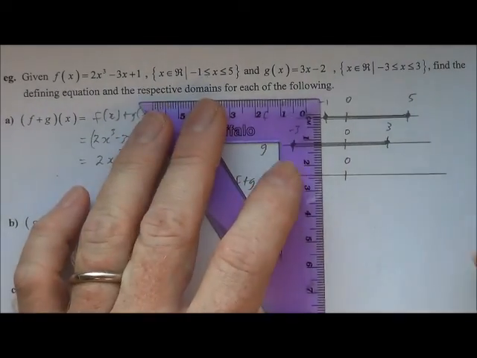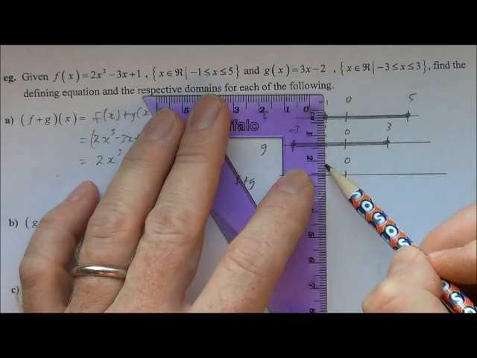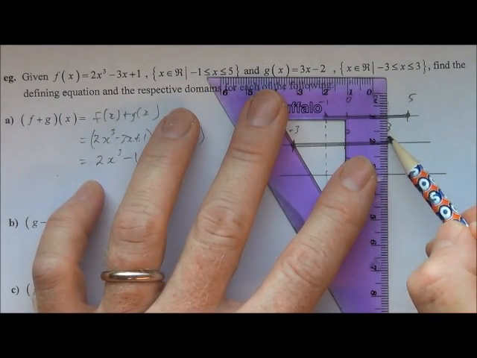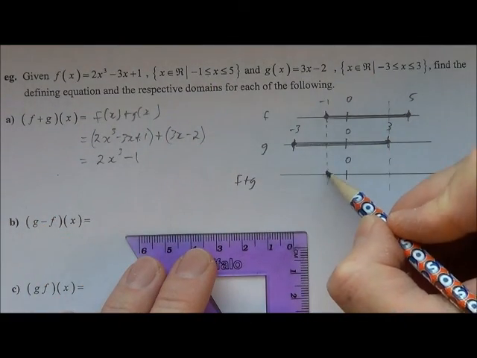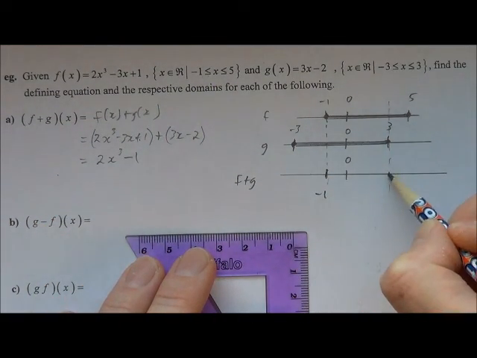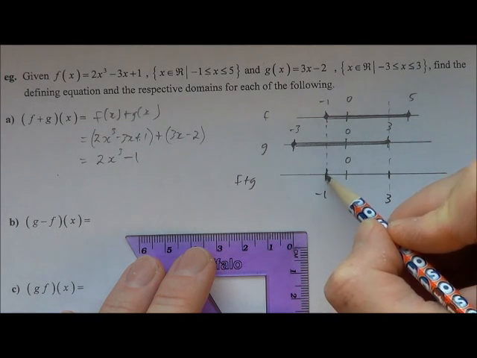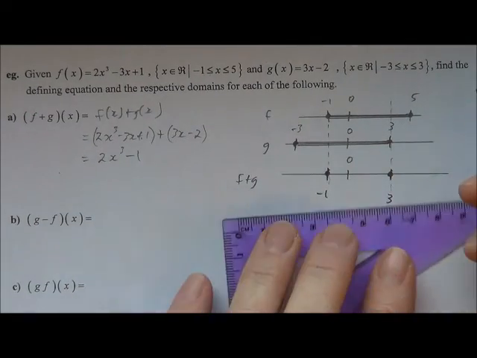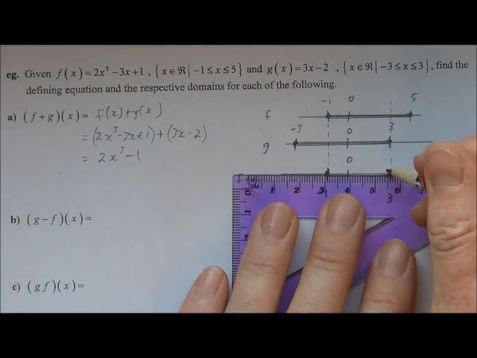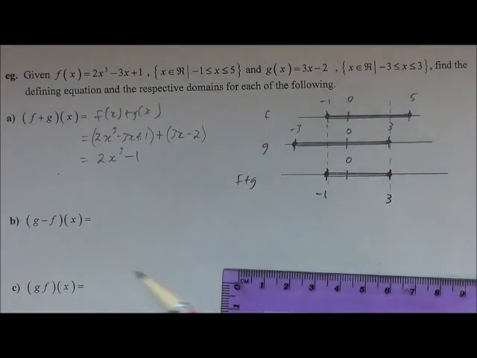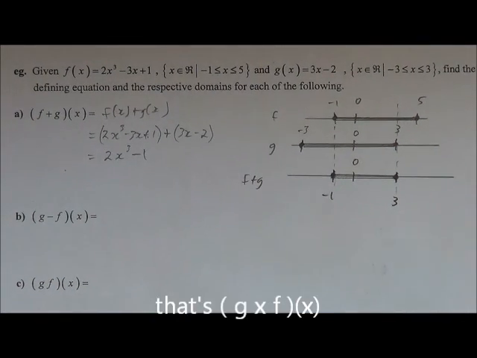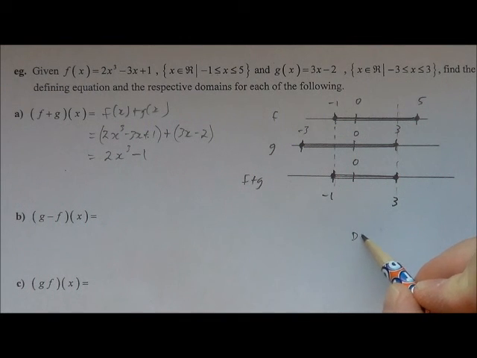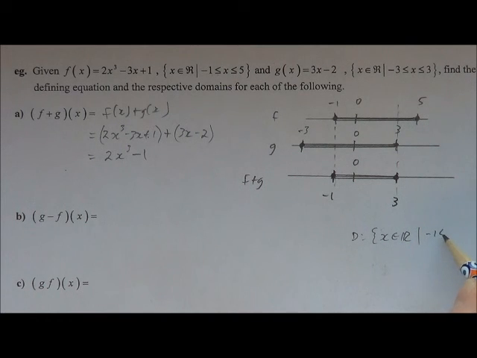So basically, wherever they overlap, that's going to be the common domain. Okay, so the common domain here is from negative 1 to 3. Of course, again, closed circles. So that would be the domain for f plus g. And actually, it'll also be the domain for g minus f of x and g of f of x. So the common domain here then, for all of these, is x is an element of all real numbers such that negative 1 is less than or equal to x less than or equal to 3.